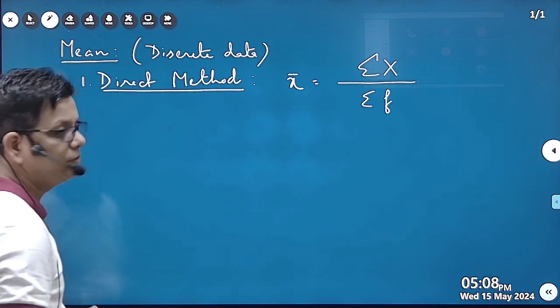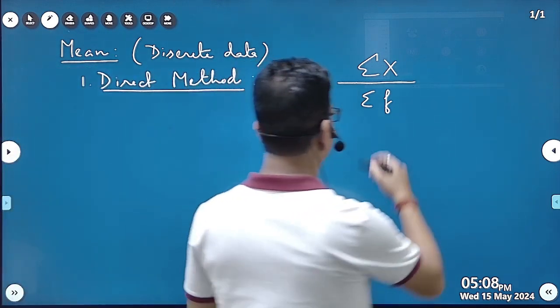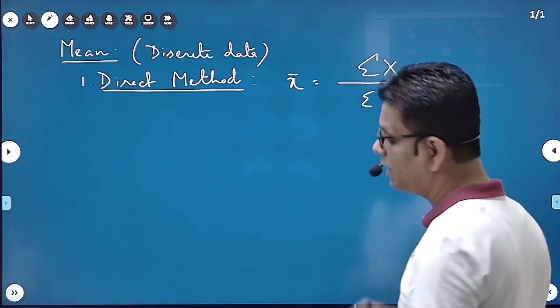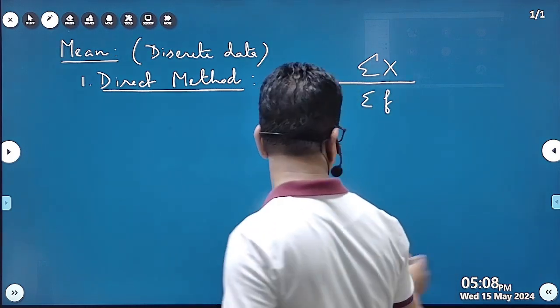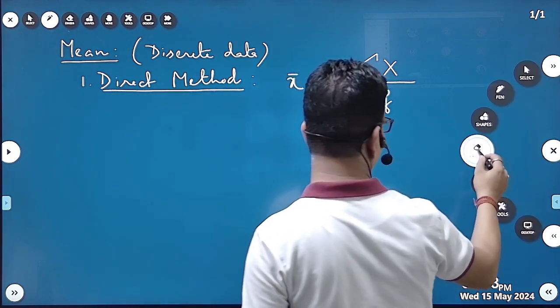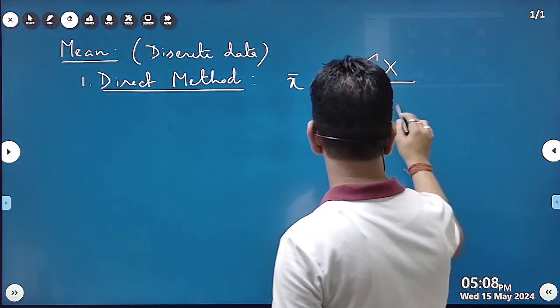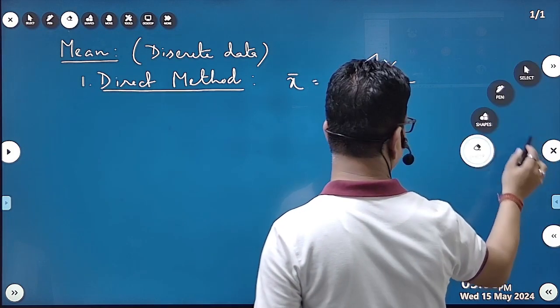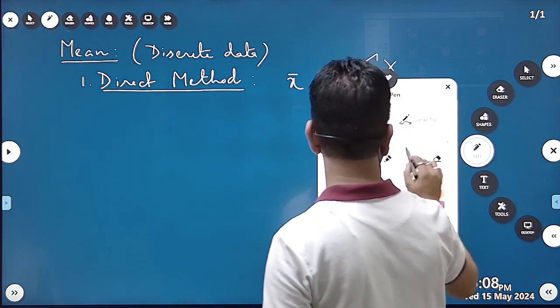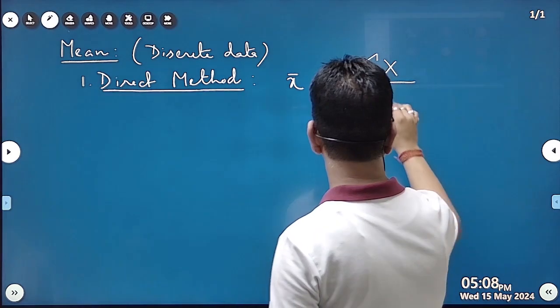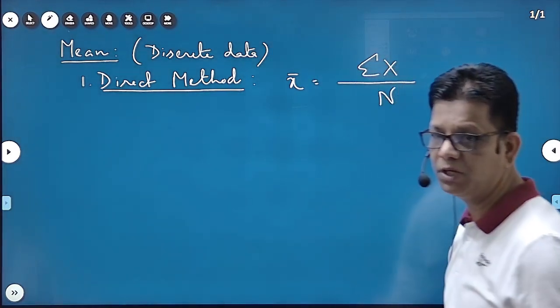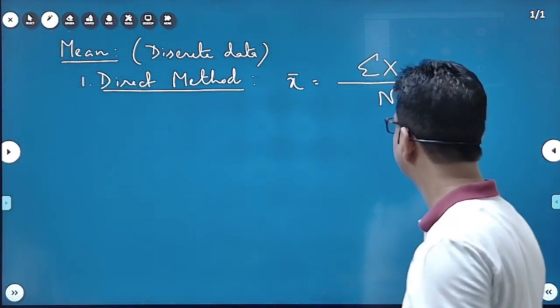Here we do not have different frequencies. Instead of writing summation of f, preferably for group data, we can also write n, either small or capital. Actually this is the summation of frequency only.